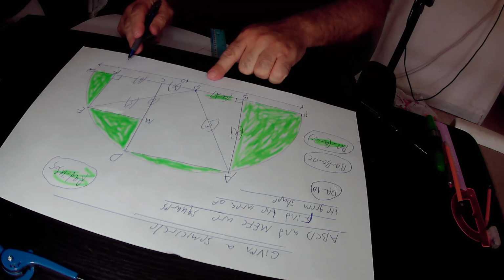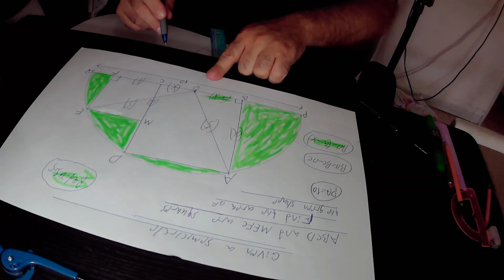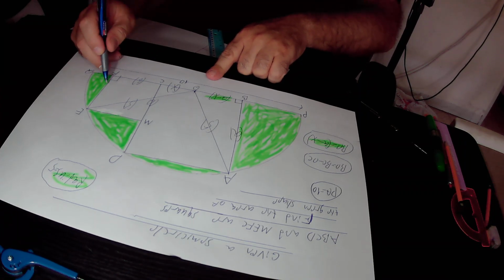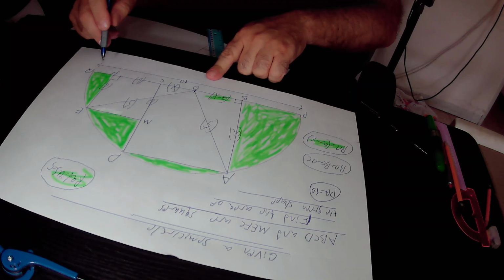Side OF equals X plus B units in length. The hypotenuse OE equals 5 units in length. And side EF equals B units in length because it is one side of the small square MEFC.